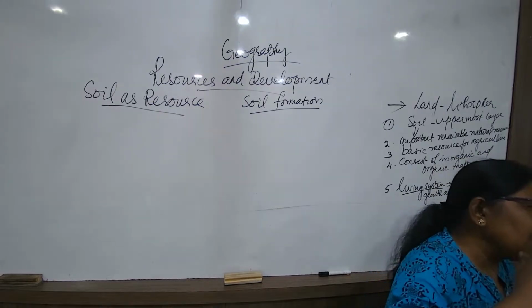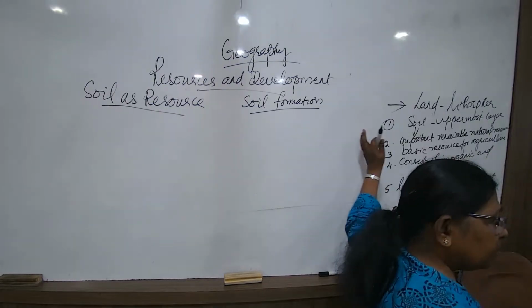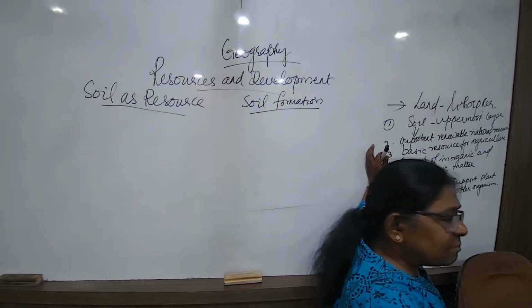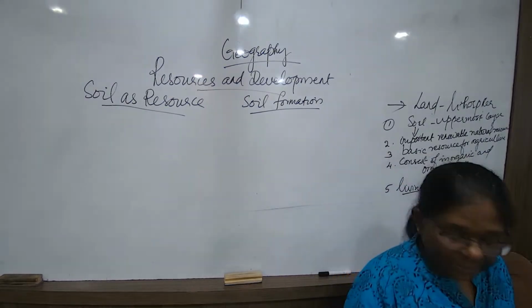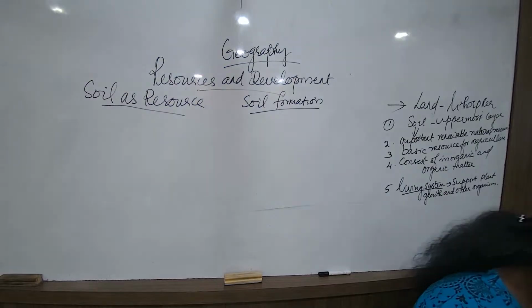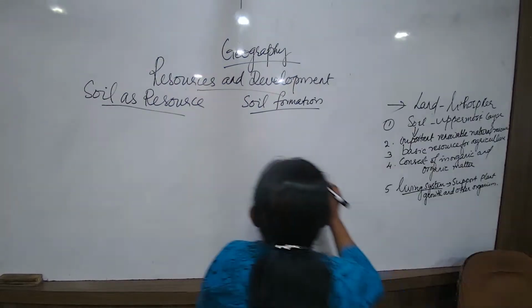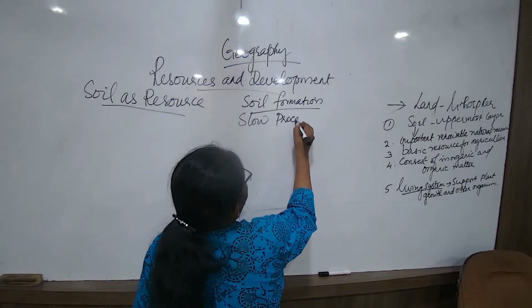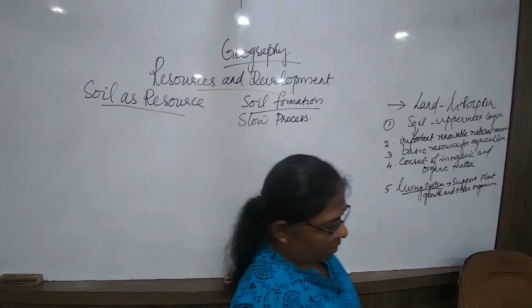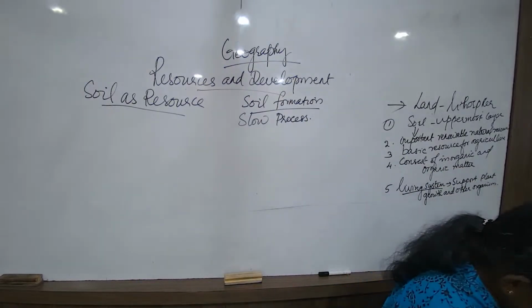It takes millions of years to form a few millimeters or so. So how is the soil formed? Let us say that it is a slow process, when the rock breaks down naturally.